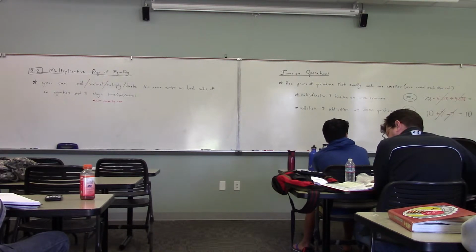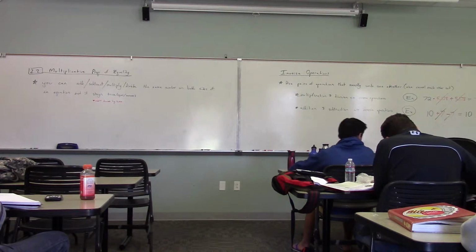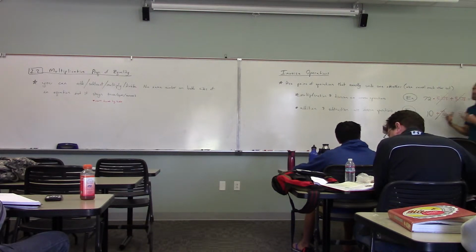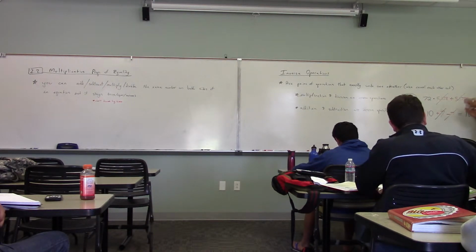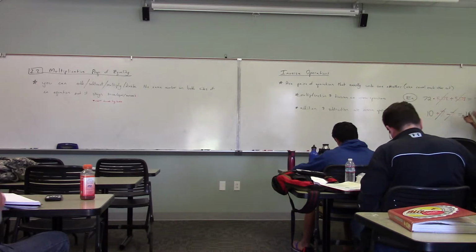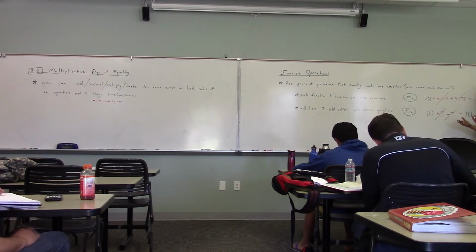If you have 5 equals 5, double it, 10 is for sure equal to 10 because you started with the same numbers and you did the same thing to both sides. So obviously, the same thing to the same thing is the same thing, right? There's no variation possible. So our golden rule is, we can do the same thing to both sides of the equation, and we're gonna cleverly use inverse operations to slowly cancel out layers of this equation and whittle them down until we have x all by itself.